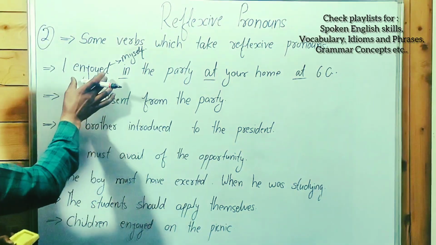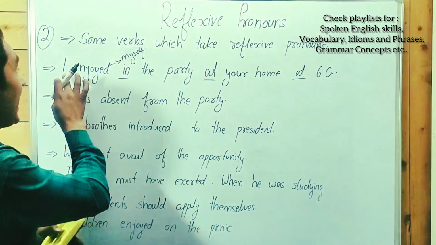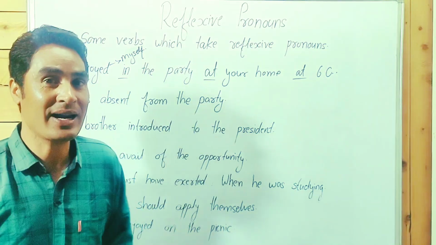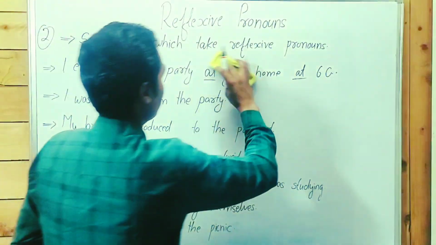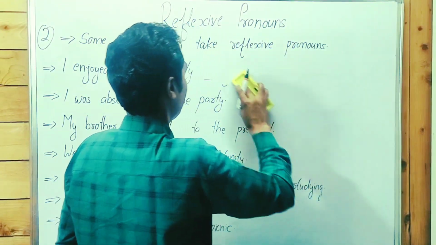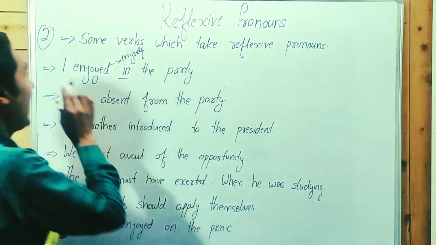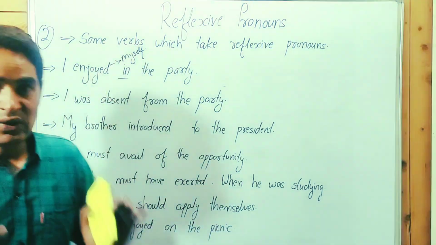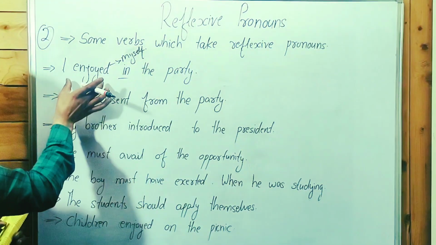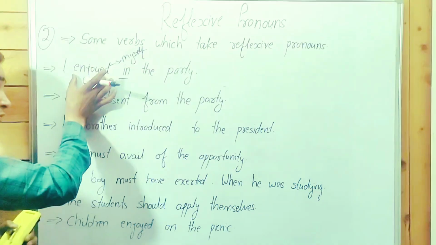Guys, this sentence can be corrected in three ways. "I enjoyed myself in the party," first way, and second way, we have to give an object to the verb.